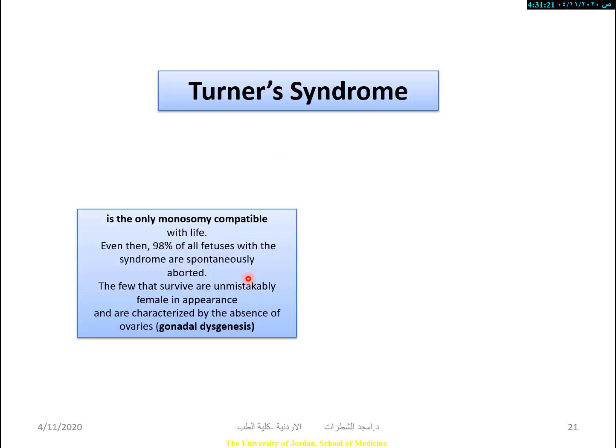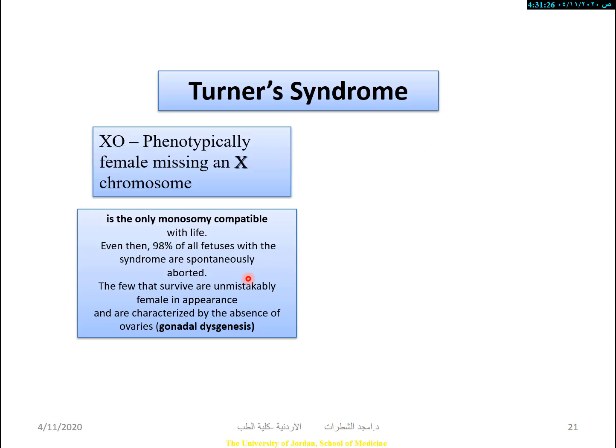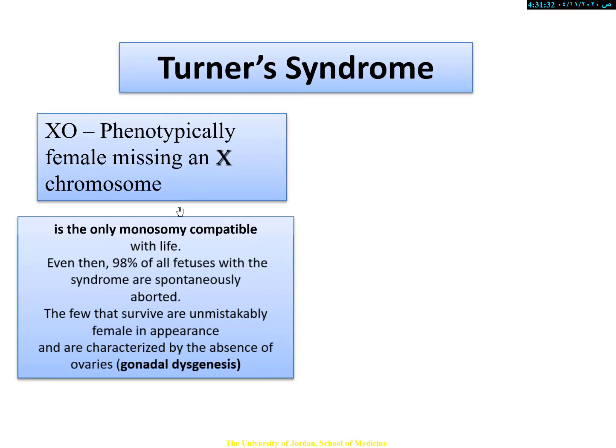And of course Turner syndrome. Here we have the XO, phenotypically female, missing an X chromosome. So this is of course a monosomy. The Down syndrome was trisomy. This is an example of monosomy.